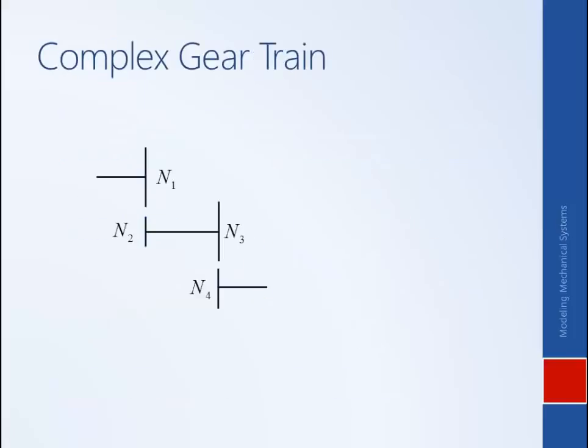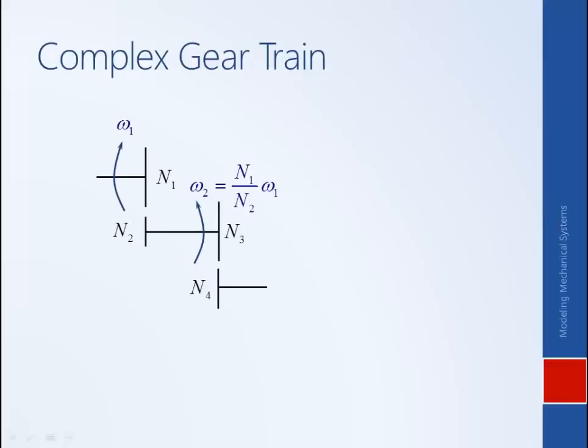We can make a more complex gear train by putting a set of gears in series with one another. So considering omega 1 to be the speed of the input shaft and omega 2 to be the speed of this intermediate shaft, we can relate omega 2 to omega 1 using the ratio of teeth of the gears as we did on the previous slide.